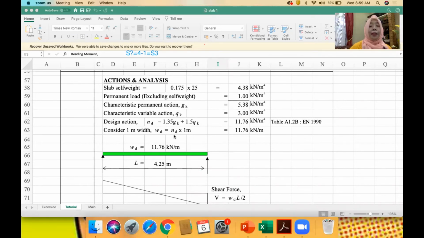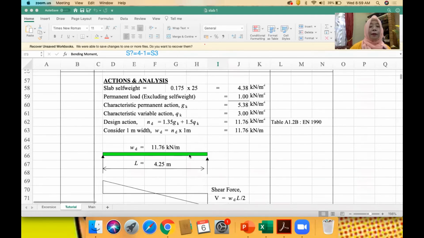So we get the new value here, 11.76 kilonewton per meter. Although the value is still the same, the unit here is kilonewton per meter, because we multiplied by 1 meter width.